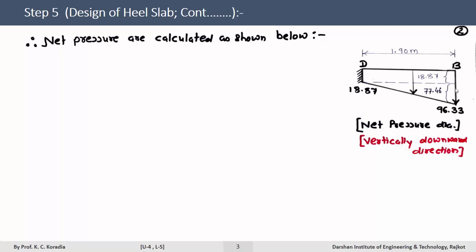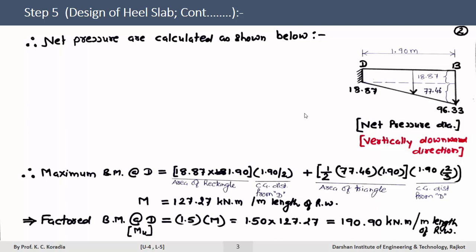This triangle portion is having a varying pressure intensity, where the pressure intensity at point T for this triangle portion is 0 and pressure intensity at point B in this triangle portion is having a value 77.46 kilonewton per meter square. Now we will go for a calculation of maximum bending moment about point D.